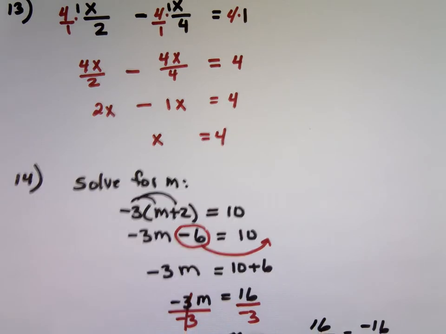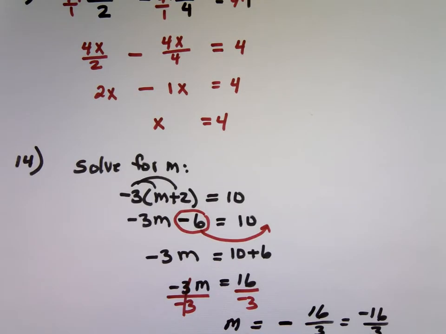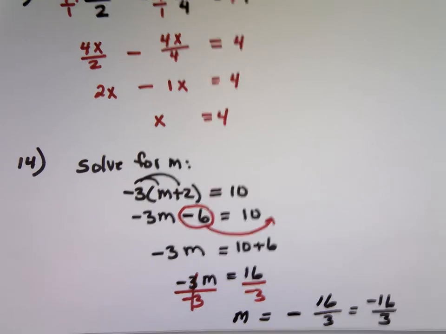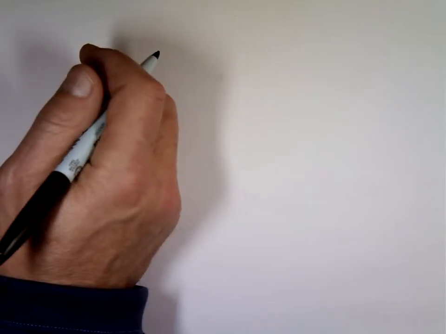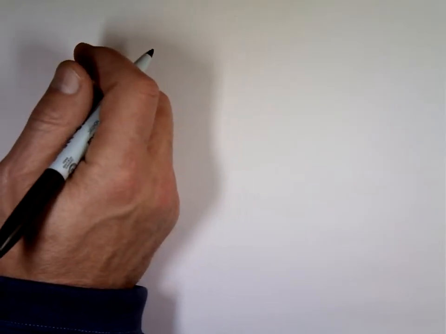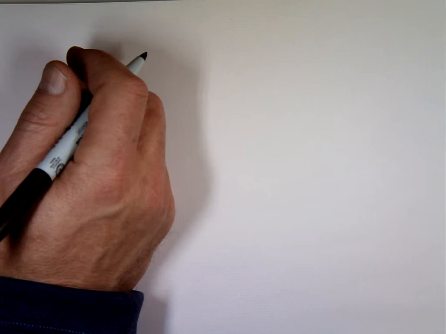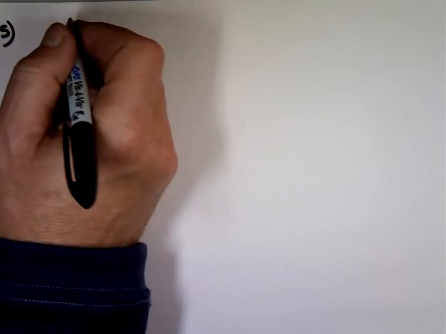So it's either the top or the front. Negative 16 over 3. You can make it 5 and 1/3 if that's what you're thinking, but you can't really simplify it.